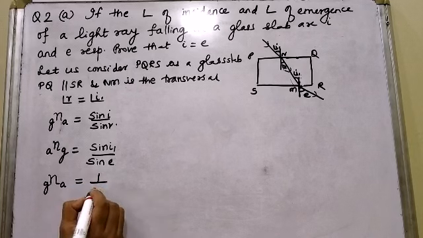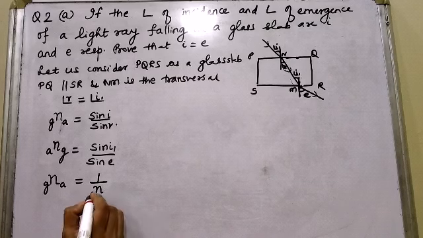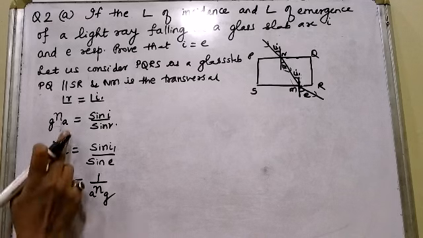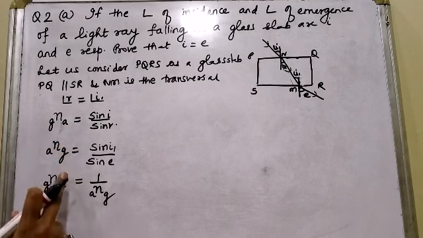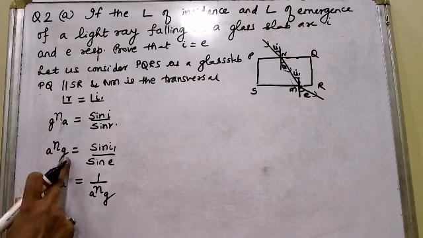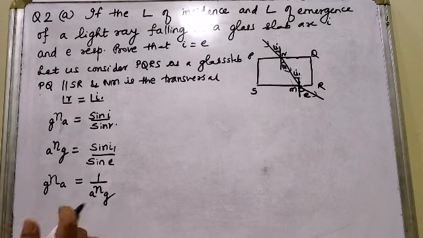Now, we also know that refractive index of glass with respect to air is equal to 1 upon refractive index of air with respect to glass. We have already seen this in the definition of refractive index. So let us substitute the values.